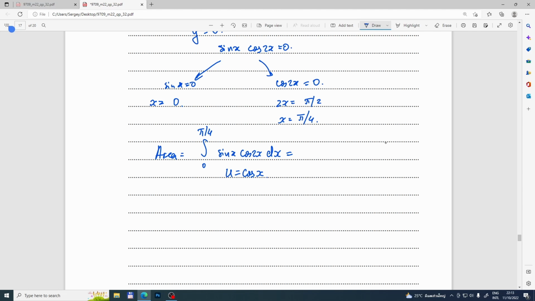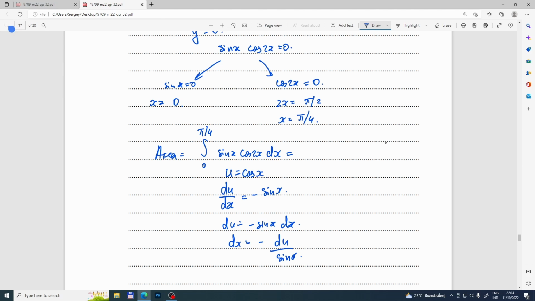I will start with finding dx in terms of du. I will first differentiate u in terms of x. So du over dx equals minus sine x, and we get du equals minus sine x dx. And then dx equals minus du over sine x.